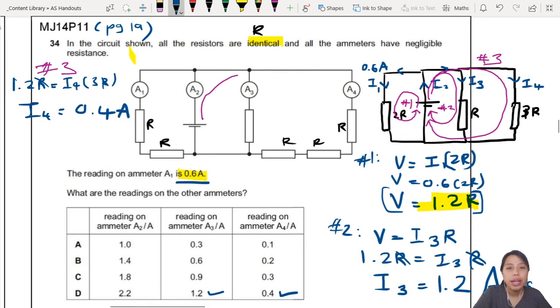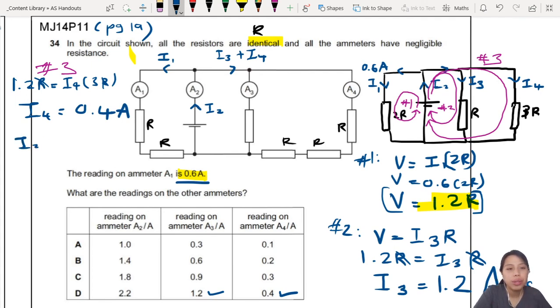A2. Oh, A2, this is where you can use Kirchhoff's first law. Because you know that here your current I2 will split into I1 and this one is I3 plus I4. It splits into everything, so if you know all the currents, you can just add them all together.